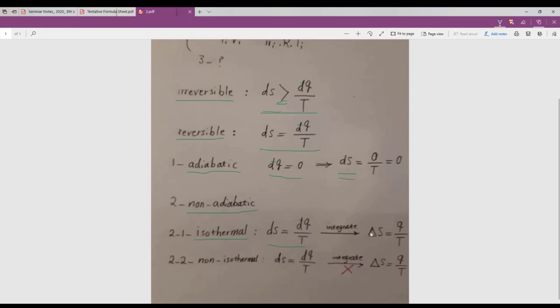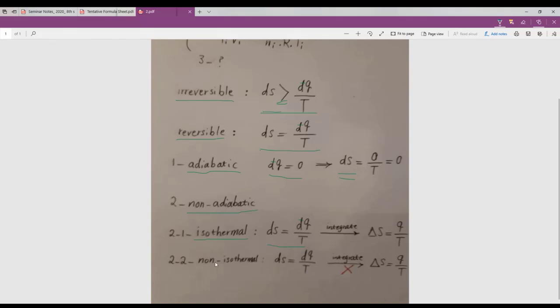As I said, q is a path function, so the integration should give you q, but S, entropy, is a state function, so the integration should give you delta S. That's why we get this equation. But don't forget, it is for an isothermal process. T was constant.